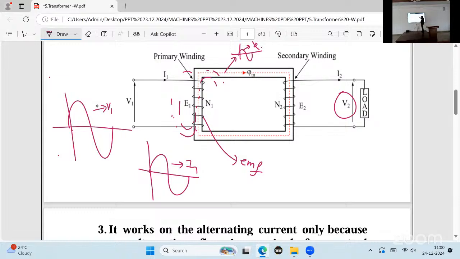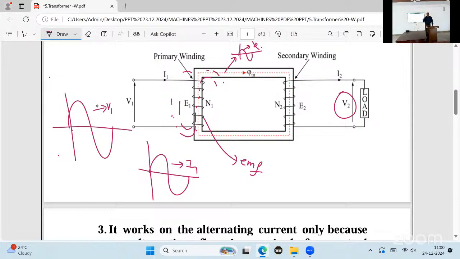What is coil 2? Secondary winding, called N2. Whenever a change in flux links with coil 2, EMF is induced in coil 2, called E2, mutual induced EMF.